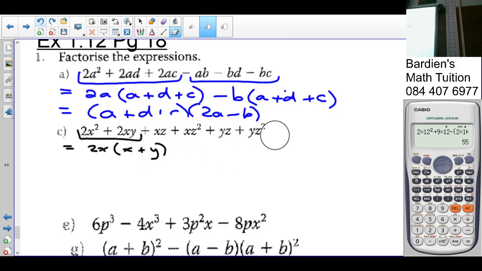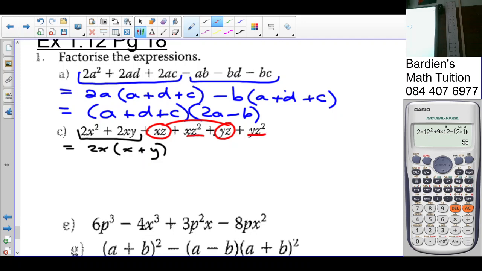So what we're going to do is keep that one like that. However, I'm going to take xz and yz, those two. We've got xz plus yz. What's the common factor there? Z. Then we're left with x plus y. Can you see that it's coming up now? And for xz squared plus yz squared, what is common there?